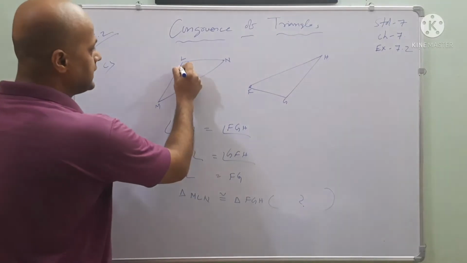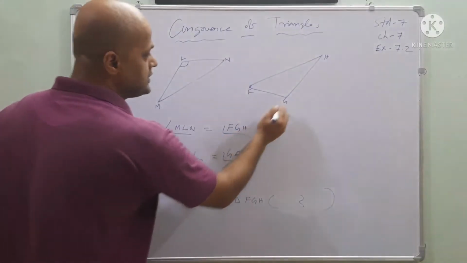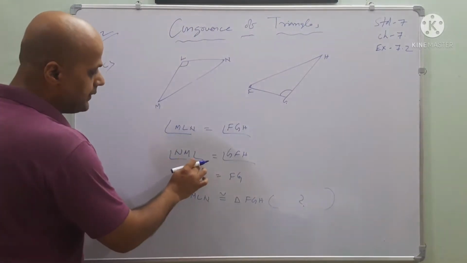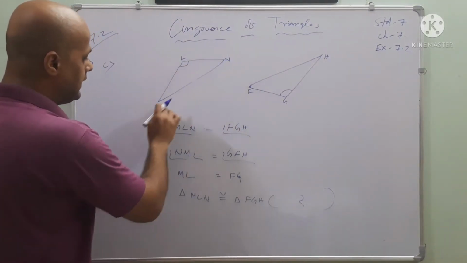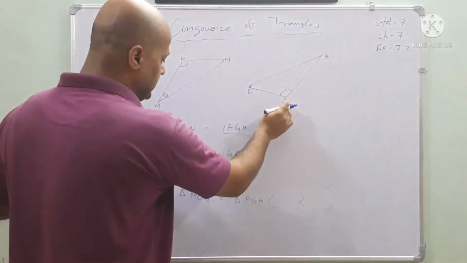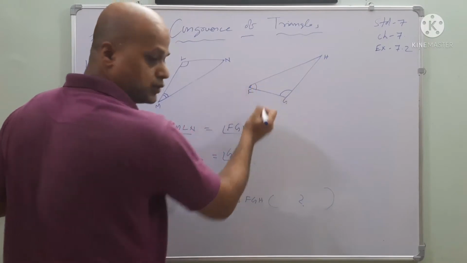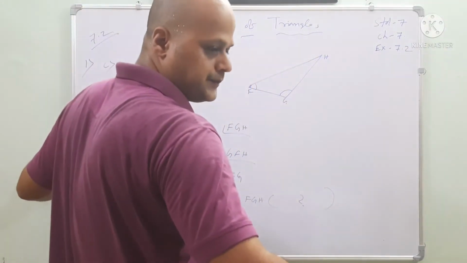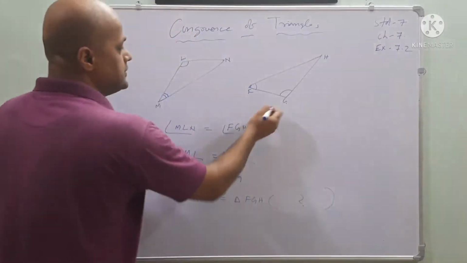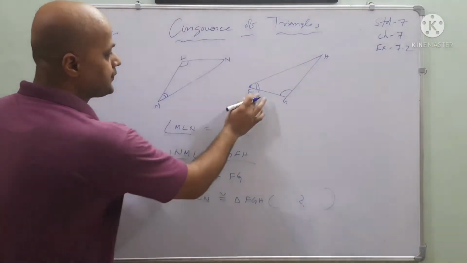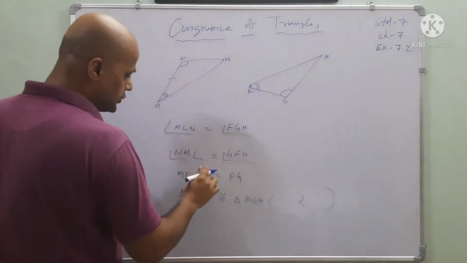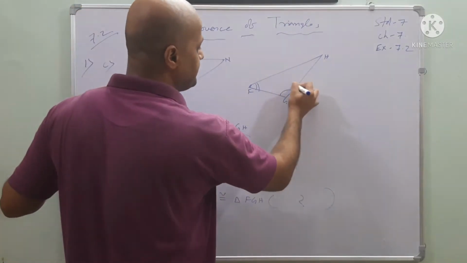Angle MLN is equal to angle FGH. Understood? Next, angle NML is equal to angle GFH, which is given. The next one is ML equal to FG.